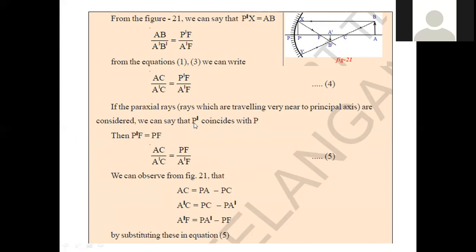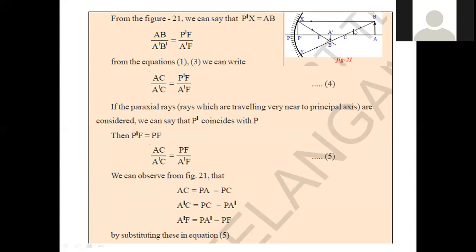For them, you can say P prime coincides with P. P prime is on the screen, P is on the mirror, so both are exactly equal. That is applicable when paraxial rays are considered, right? So we can replace P prime with P. P prime F is equal to PF. Now the equation will be AC by A prime C is equal to PF by A prime F, right?